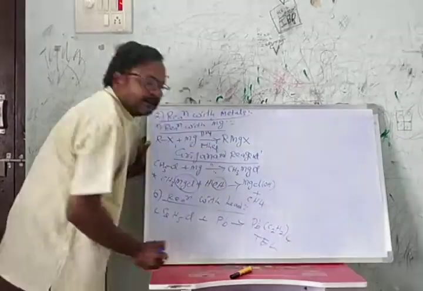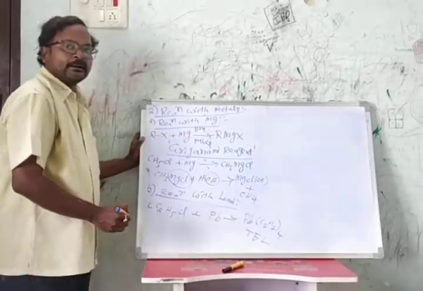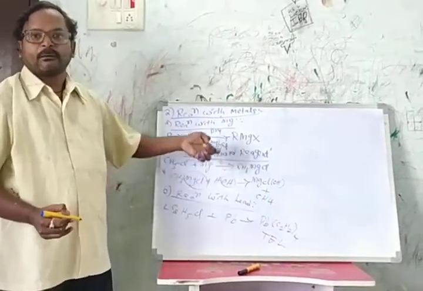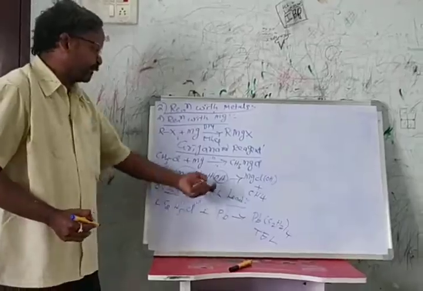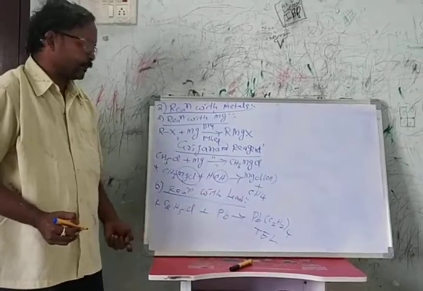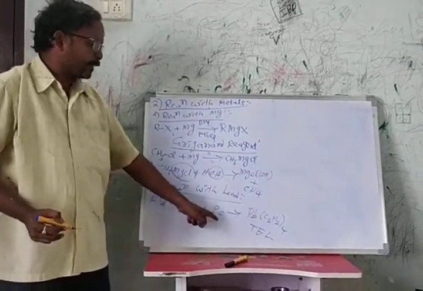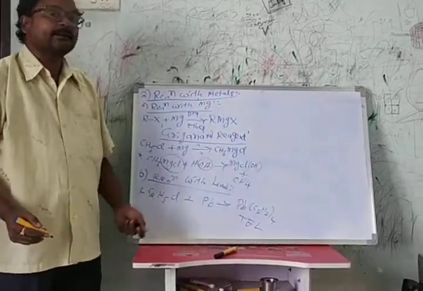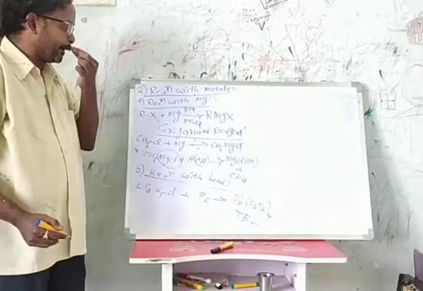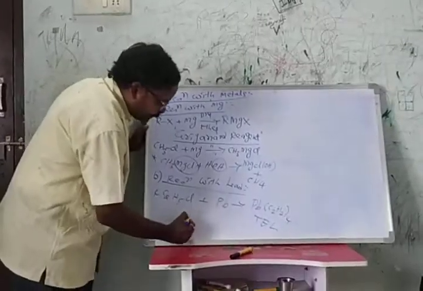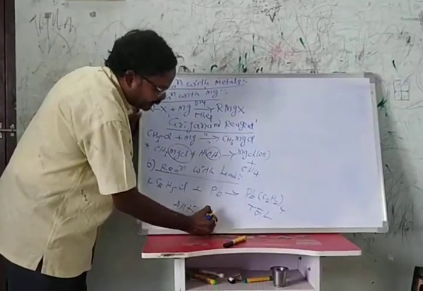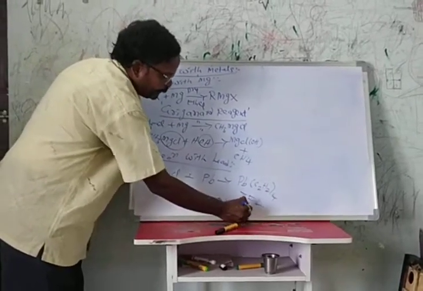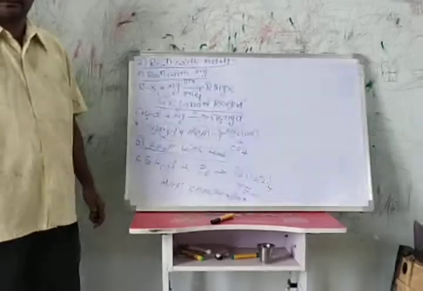Tetraethyl lead is used as an anti-knocking agent in different fuels. This is the reaction with lead. When ethyl chloride reacts with lead, it forms tetraethyl lead, which is used as an anti-knocking agent.